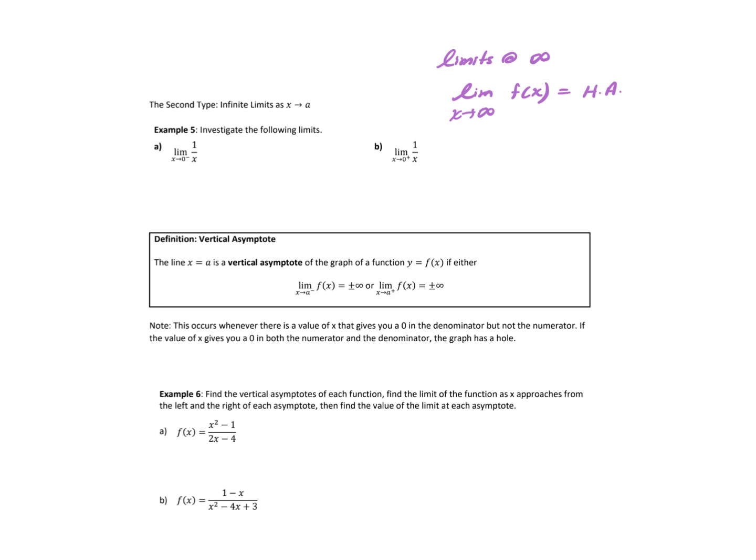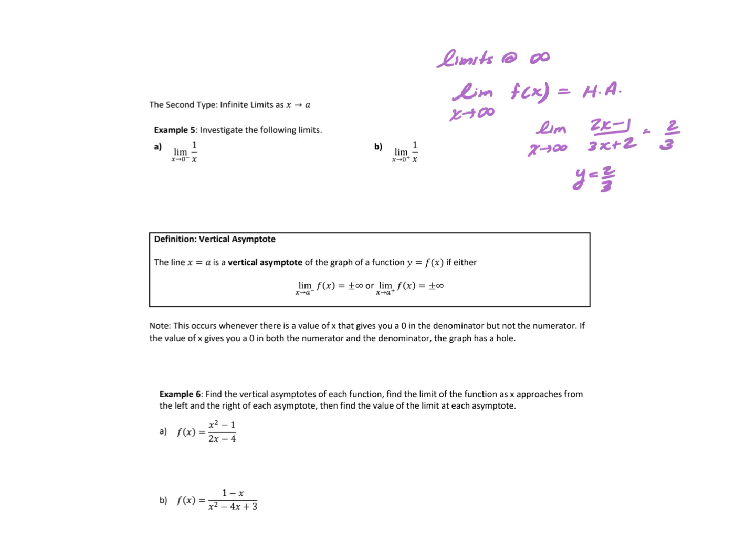If you recall from the previous section, it really was just going back to our Algebra 2 and pre-calc, finding horizontal asymptotes. If I had the limit as x goes to infinity of a rational function, let's say (2x minus 1) over (3x plus 2), the horizontal asymptote is y equals 2/3, which also means the limit is 2/3.